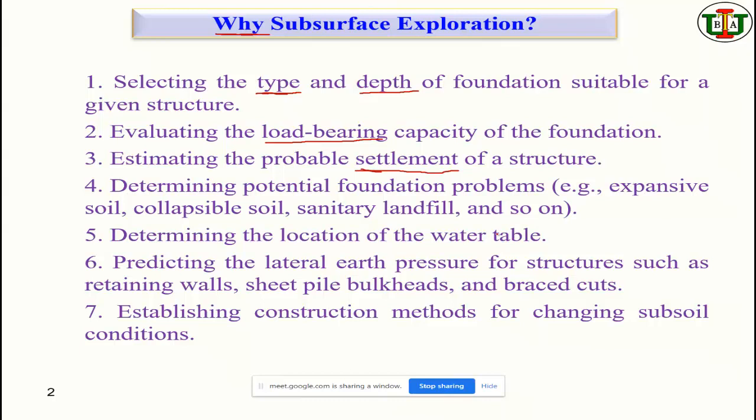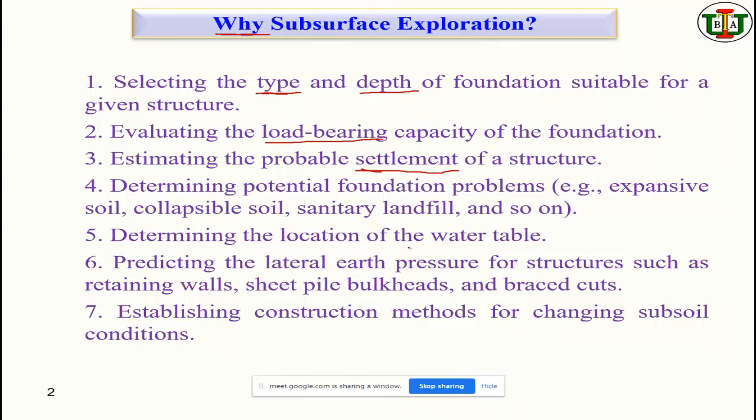Suppose you filled your land with biodegradable materials. You dump it there and fill your land, and after 5 to 10 years you suddenly find a higher amount of settlement, which is very dangerous for your structures. If you do the exploration properly, you can get an idea.